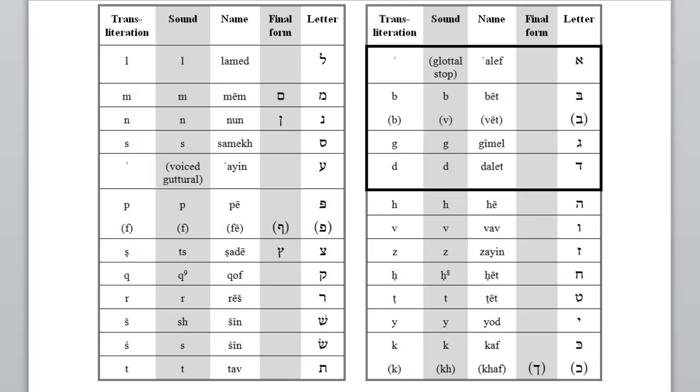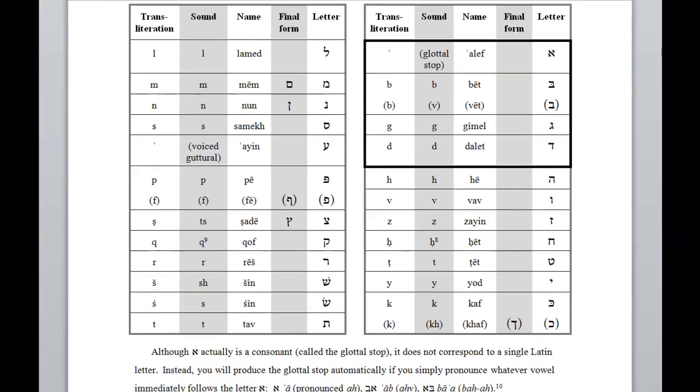And now the second column, Lamed, Mem, Nun, Samech, Ayin, Pe, or without the dagesh, Fe. Tzadi, Chof, Resh, Shin, Sin, Tav.